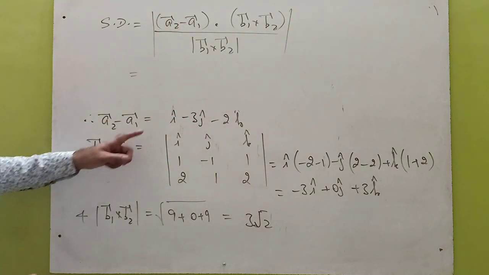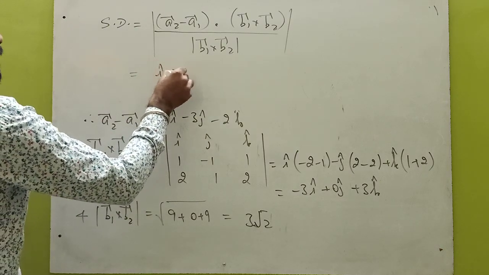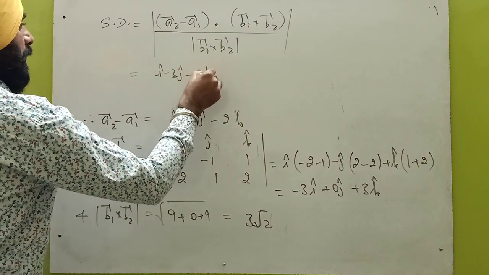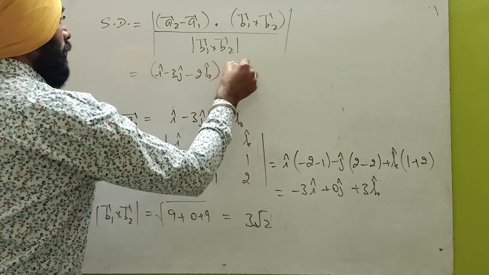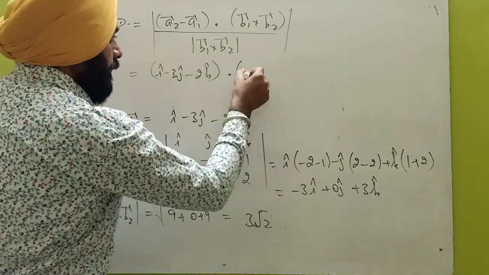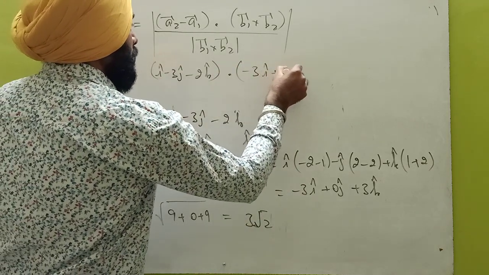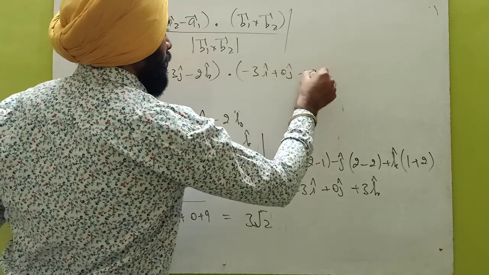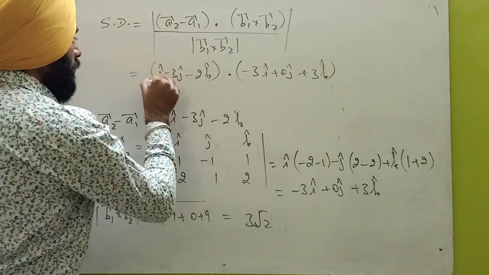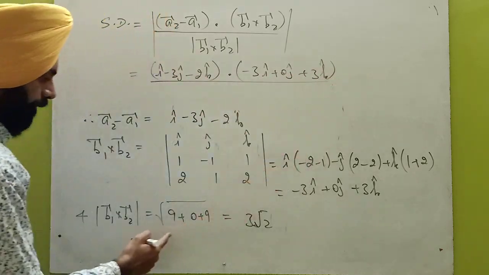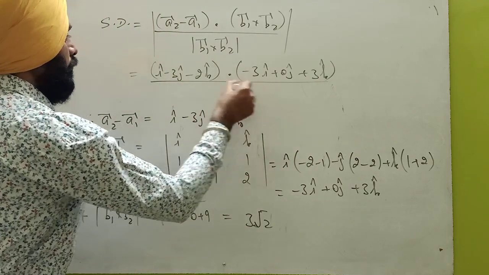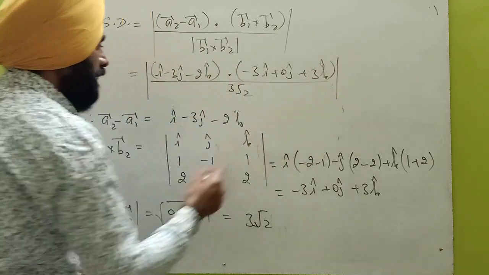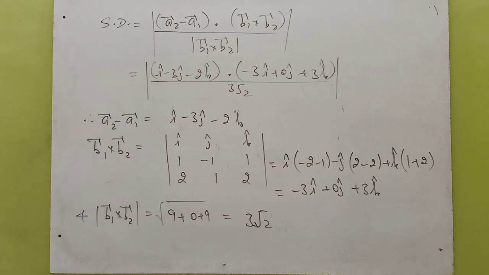So put the values: a2 minus a1, i minus 3j minus 2k, dot b1 cross b2, which is minus 3i plus 0j plus 3k, and divided by the magnitude of b1 cross b2, that is 3 root 2, and whole mod. So now take the dot product of two vectors.